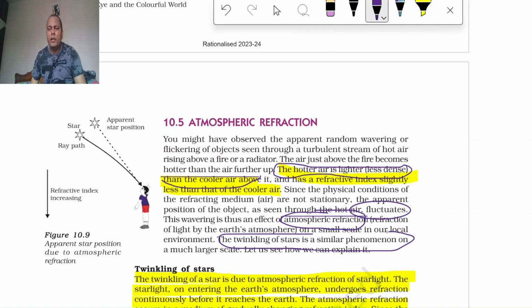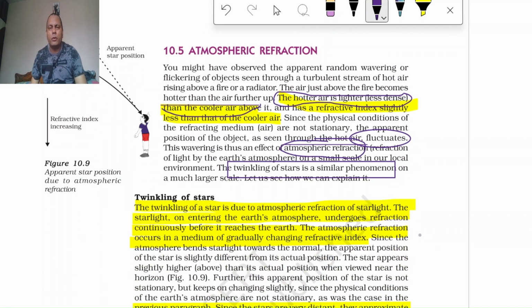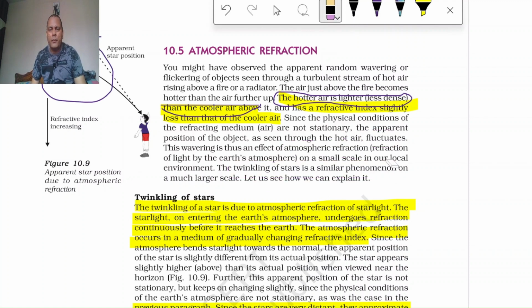When we see a star, the light passes through different media and comes to our eye, and because of these different media, the object appears to flicker and twinkle. So we say the star is twinkling, but in actual fact it is not twinkling, it is just stable.